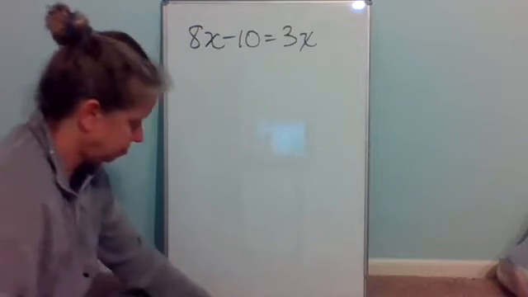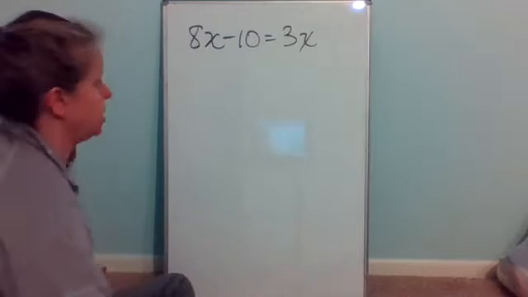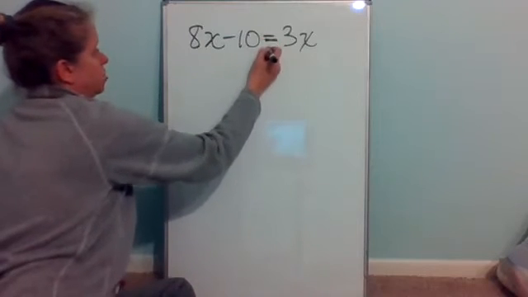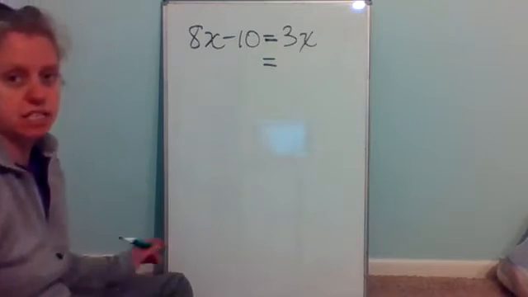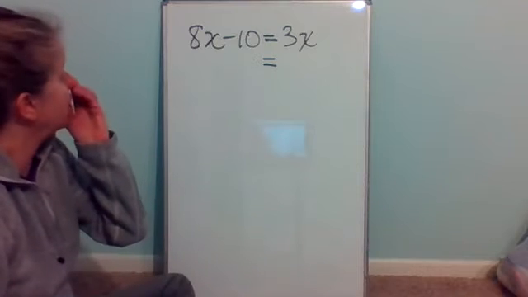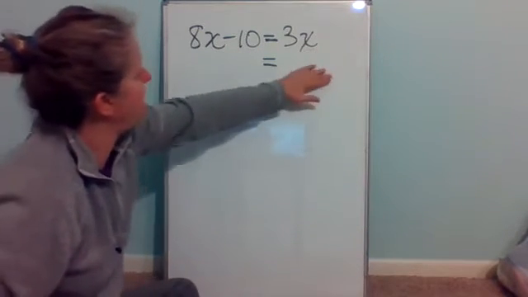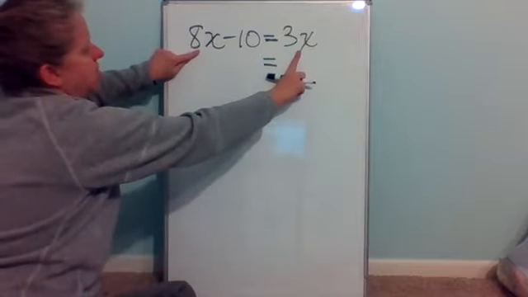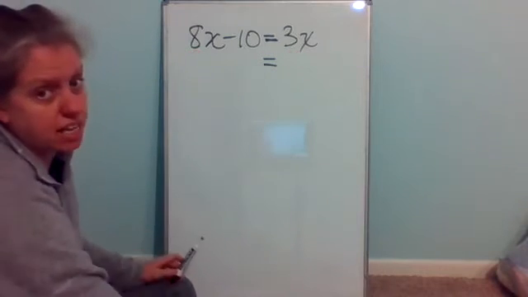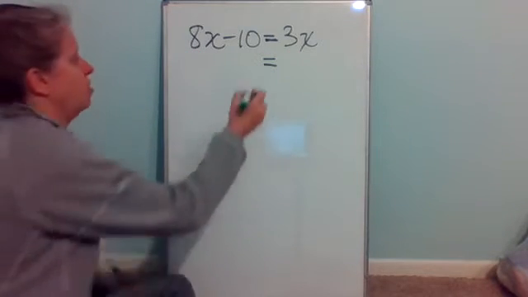Okay? So let's see. Where's your equal sign? It's important on this one that you keep it in its spot. So let's see. 8x minus 10 equals 3x. So I'm already to the point where I have x's on both sides. So I'm going to cancel out my small one. Now be careful with this one.